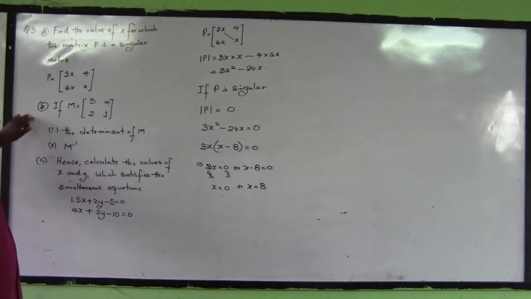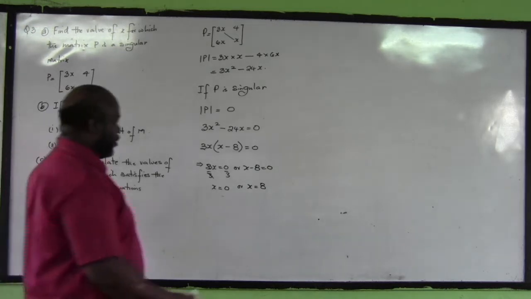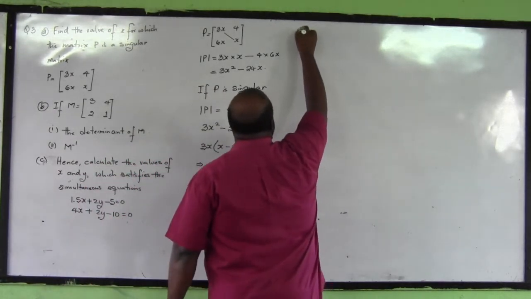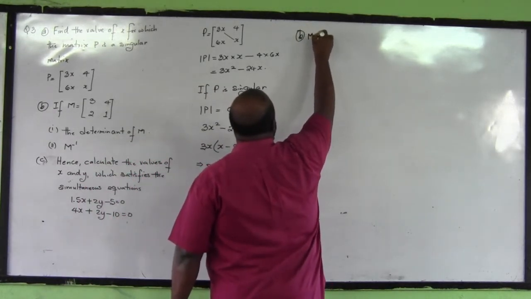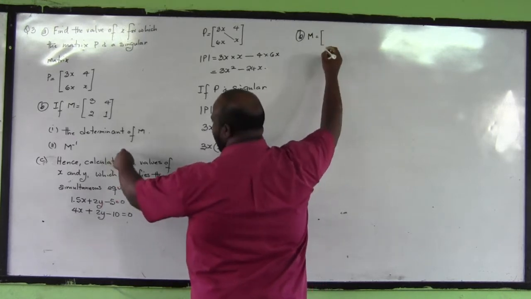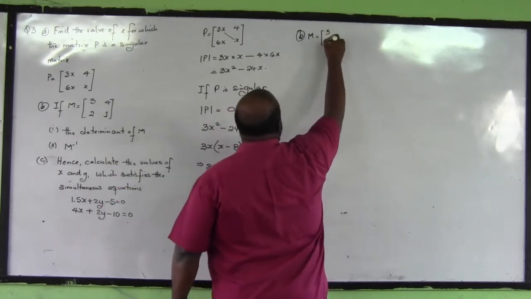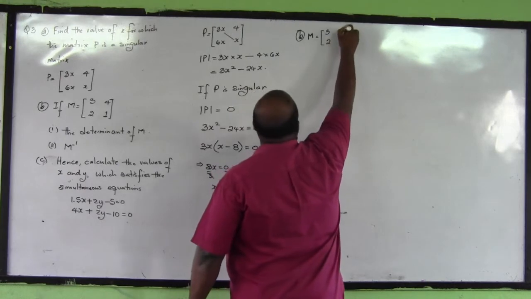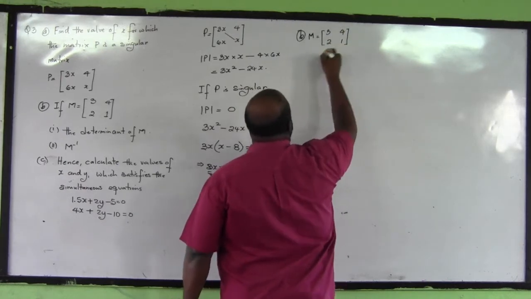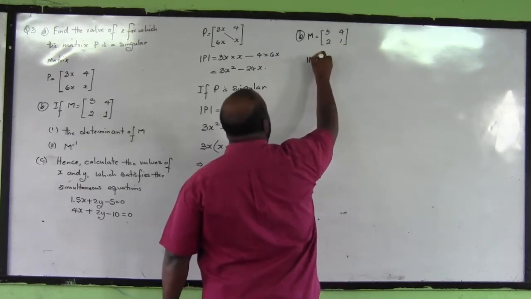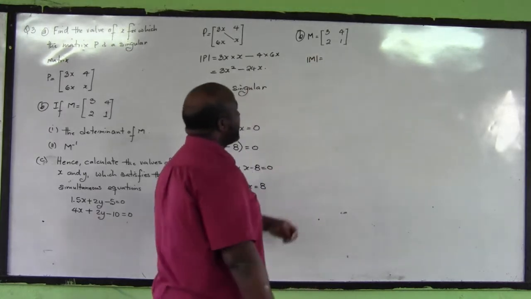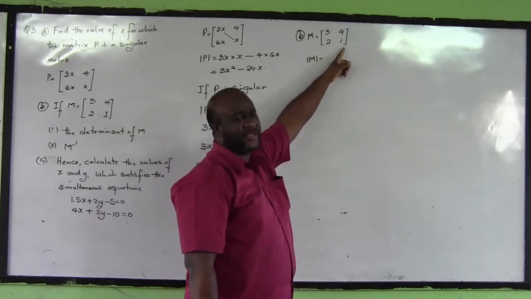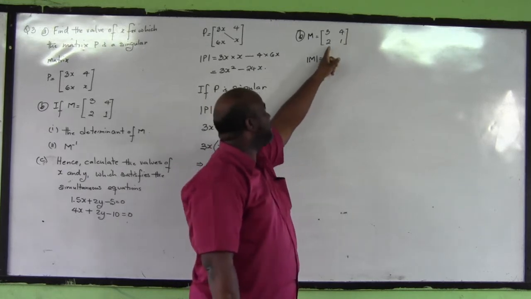Alright? B says M is the matrix 3, 2, 4, 1. We're asked to first find the determinant of M. The determinant of M would be this multiplied by this minus this times this.